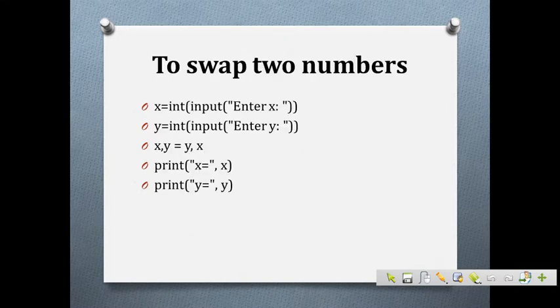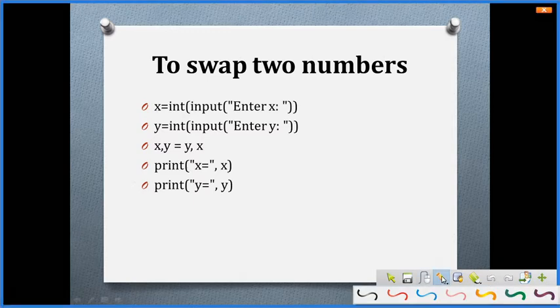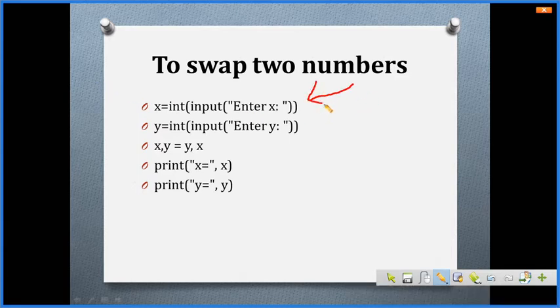So this is a program to swap two numbers. What is being done is we are taking a variable x from the user. That is, we are taking one value from the user and assigning it to the variable x. Similarly, we are getting another input from the user, y.